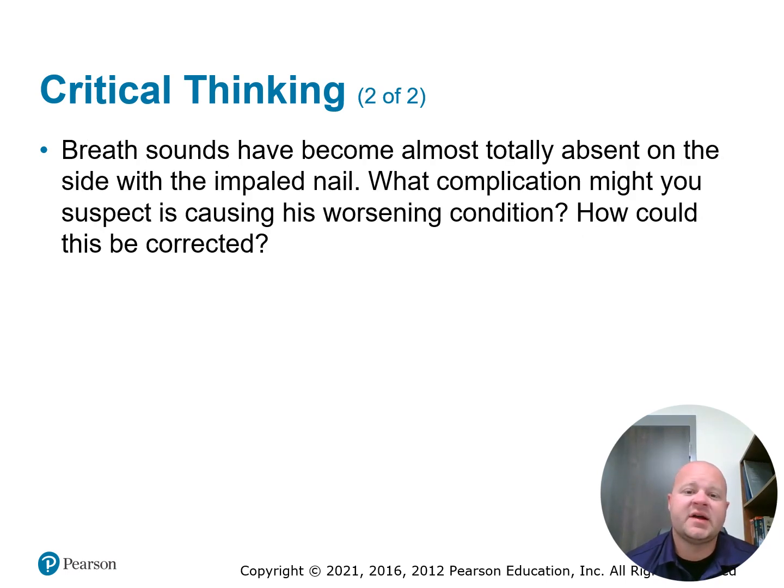All right, so breath sounds have become almost totally absent on the side with the impaled nail. So what complication might you suspect is causing his condition to worsen? We kind of already talked about that with the tension pneumothorax. So how can it be corrected? This is a case where you could remove the occlusive dressing or just peel it back to expose that wound and allow some of that air to escape.